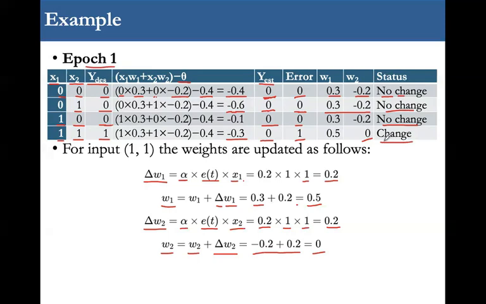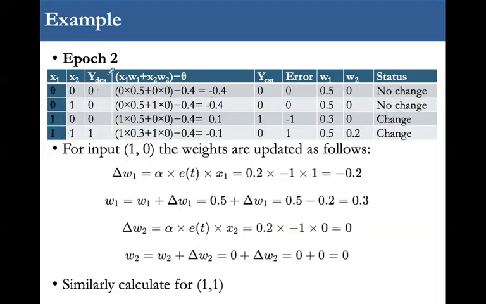If there is a change, we need to go for the next epoch. We will find out the next epoch, epoch 2. The same way we calculate. We have x1, x2, y desired: x1 0, x2 0, y desired is 0. If both x1 and x2 are 1, then y desired is 1. Then again we calculate.